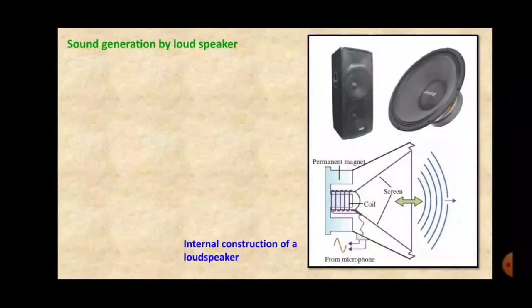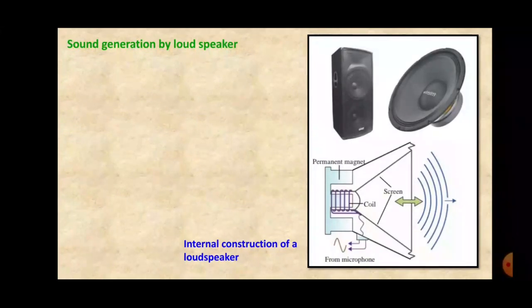Now, when we have a function in our society or in our area, we use loudspeakers. Any idea why the loudspeakers are used? Because the sound can be loud, right? Now we will study the internal construction of a loudspeaker.